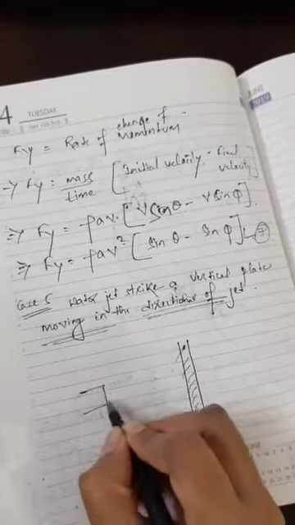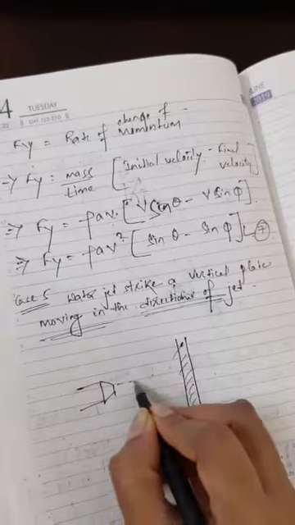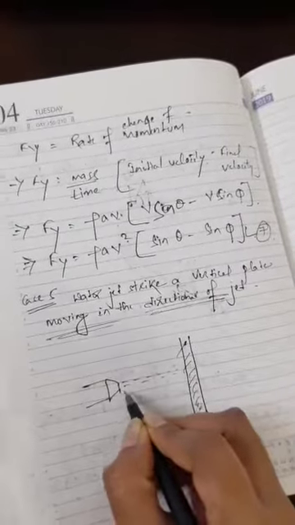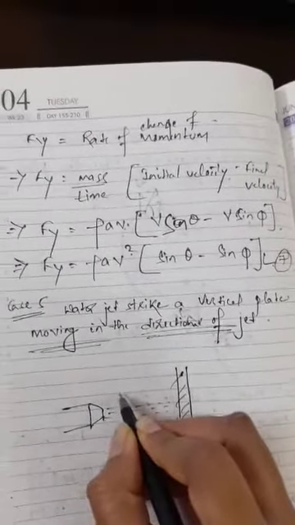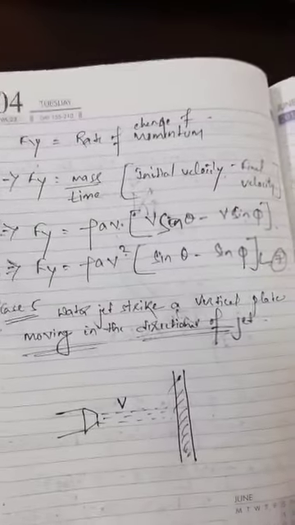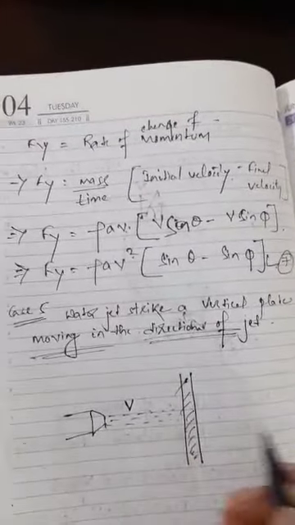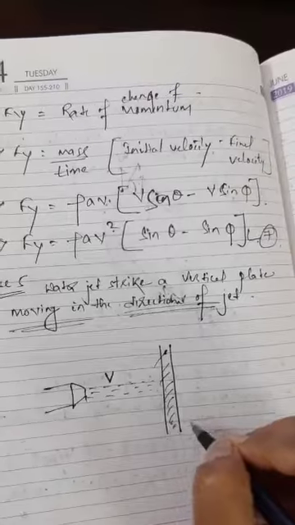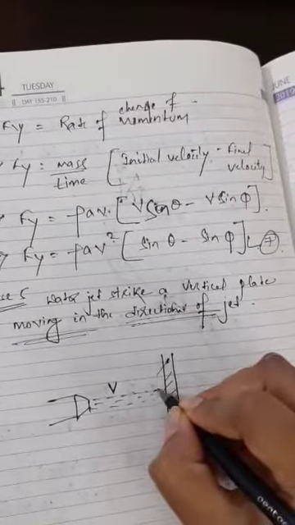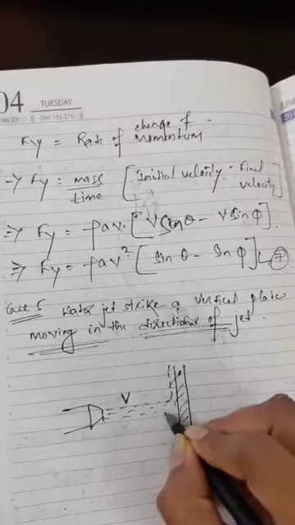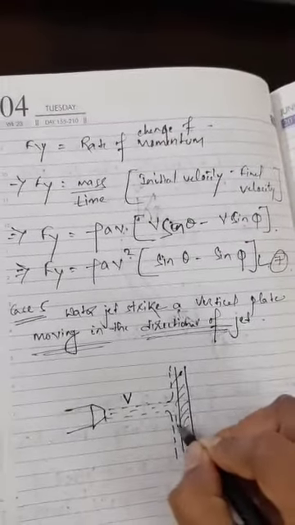Again there is a water jet. Just like in the last cases we will take the velocity of the water jet as capital V. So we know if the plate is vertical and it's stationary, when the water jet strikes, after striking it shall move in such direction.